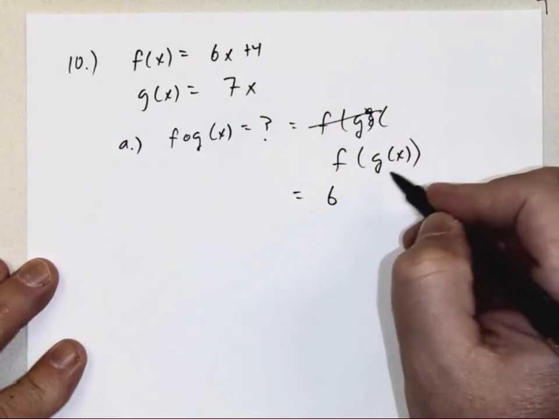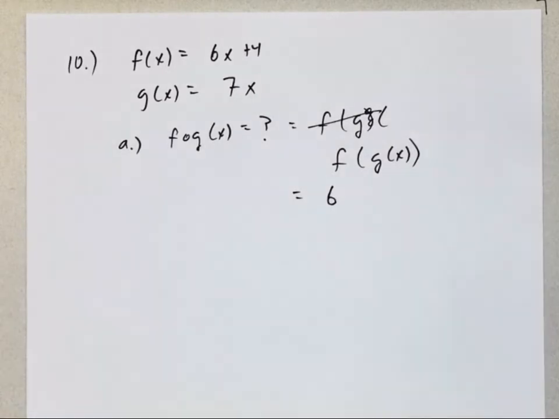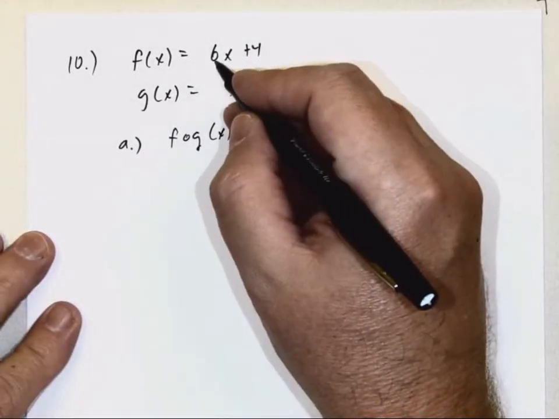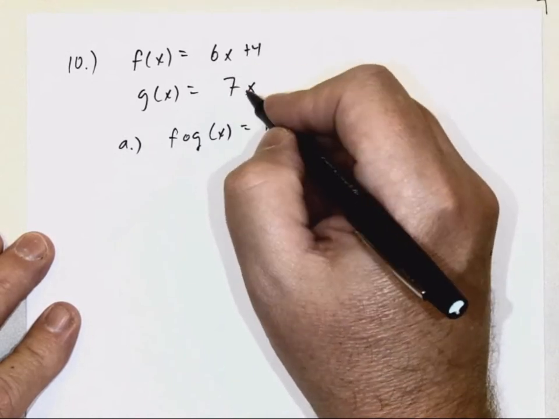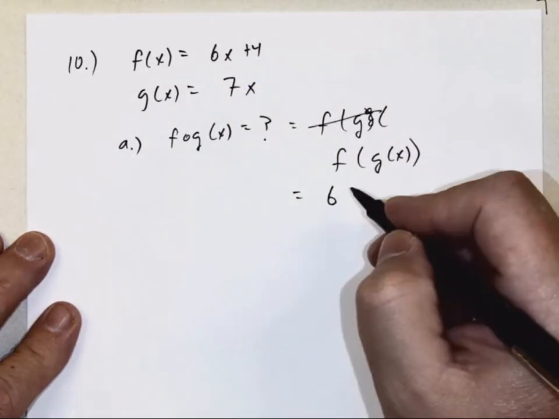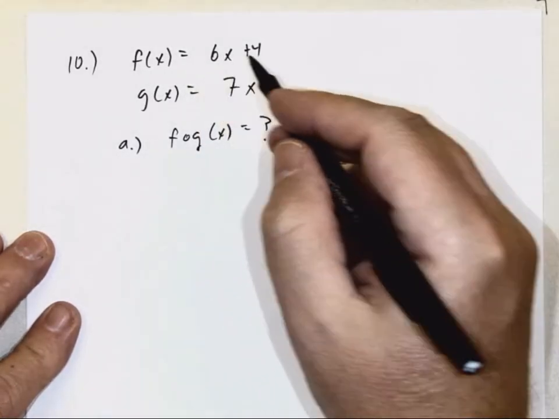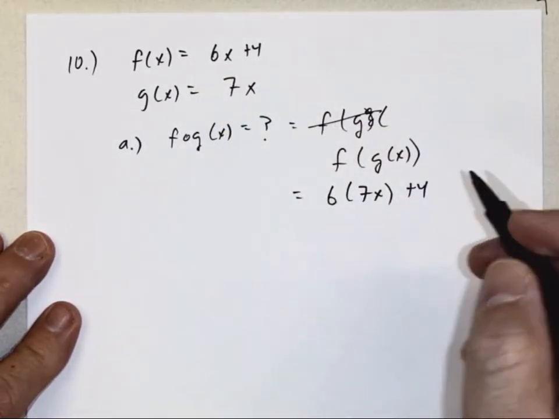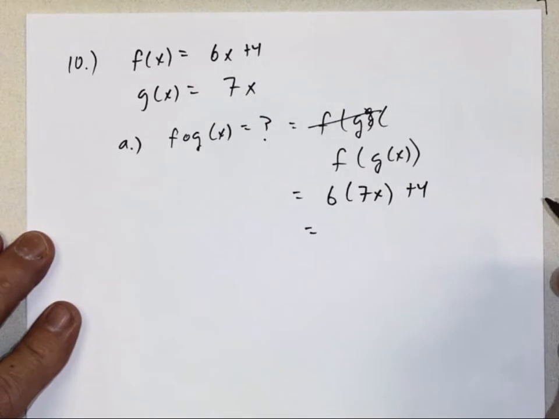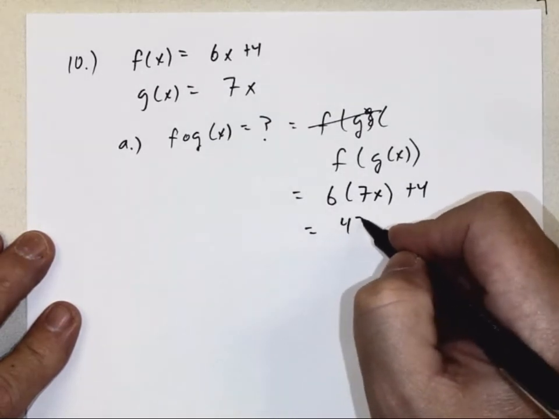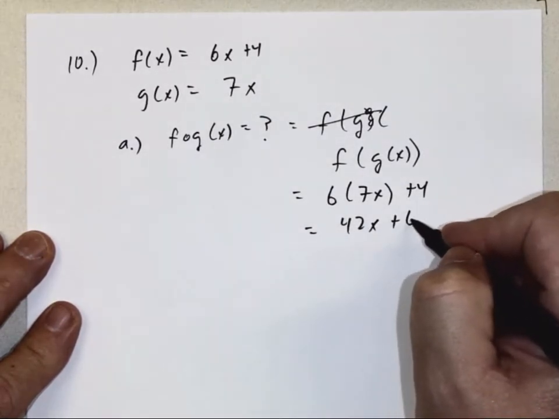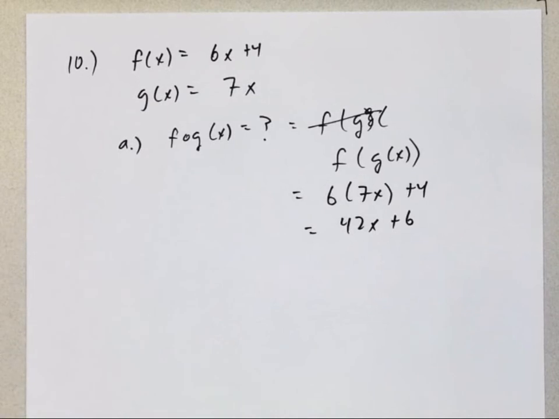Every place you have an x, you replace it with the function g. In 6x plus 4, instead of x, I'm going to plug in g of x, which is 7x. So 6x plus 4, 42x plus 6.